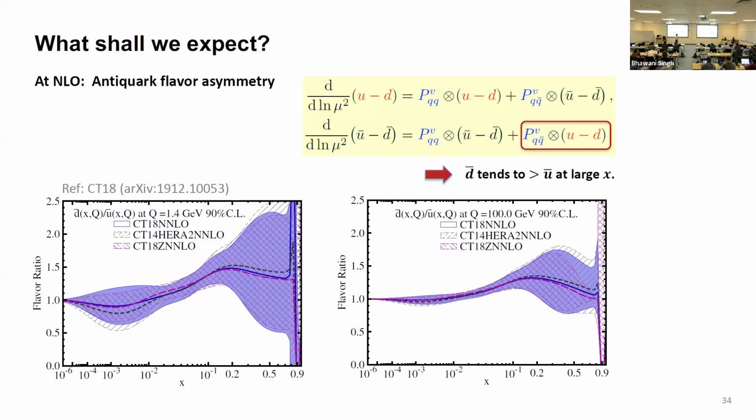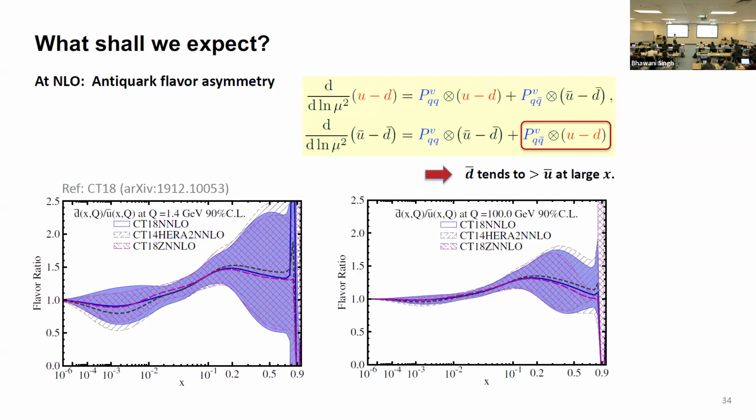An example is here. Again, with the same set of PDFs, this is plotting the ratio of D bar over U bar at the initial scale 1.4 GeV and at 100 GeV. You see that D bar is greater than U bar for a fairly large x range.